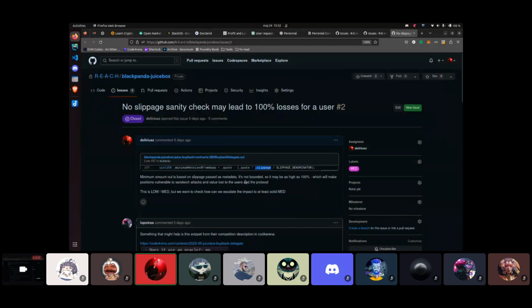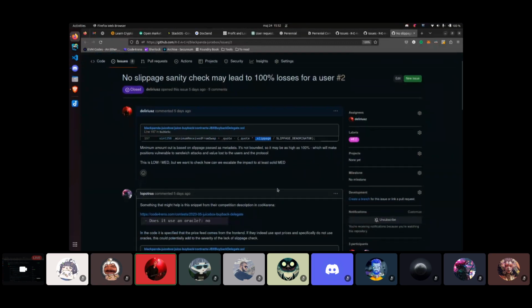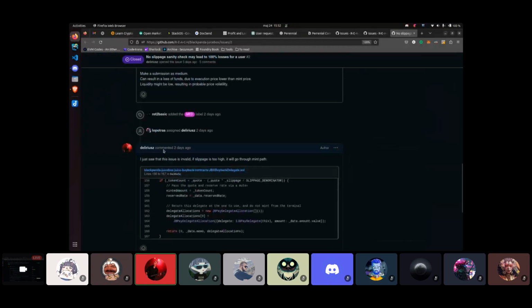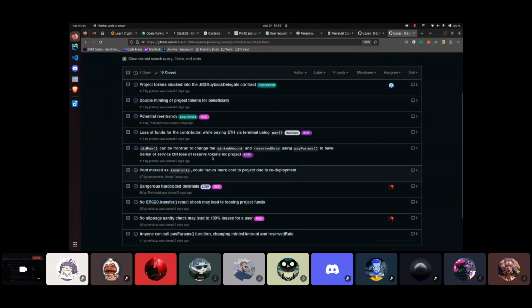So if for any reason the slippage is 100%, you can be sandwiched and get nothing. However, later I found out that they're just verifying if the price you will get from Uniswap will be more favorable than minting them. So it invalidated this finding.